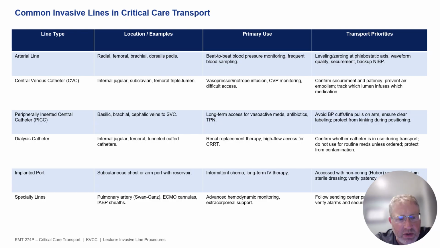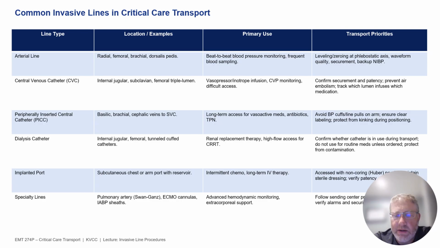Dialysis catheters are typically inserted into the internal jugular or the femoral. Those are tunneled cuffed catheters. As dialysis catheters, they're obviously used for renal replacement therapy, but they're also high flow access for CRRT.